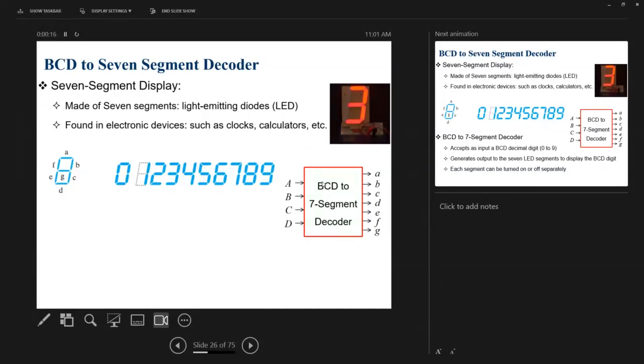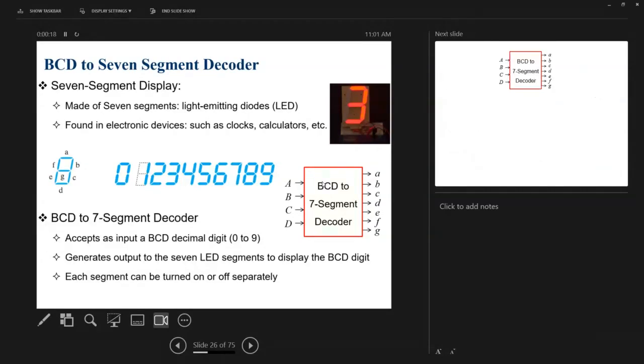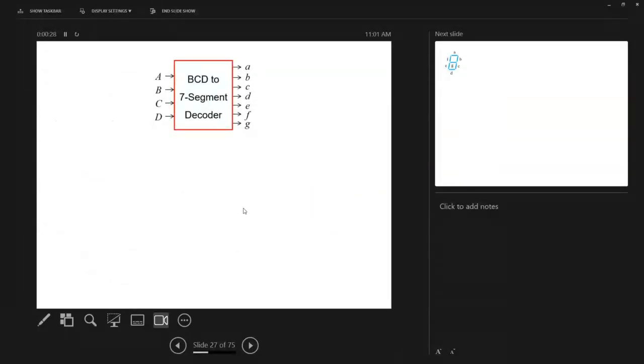Now, if you look at this problem, what does the BCD to 7-segment decoder do? It accepts an input of BCD digits. So what is my input? Can you see here?